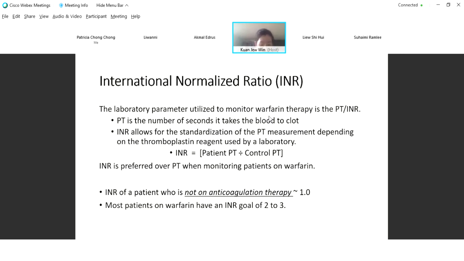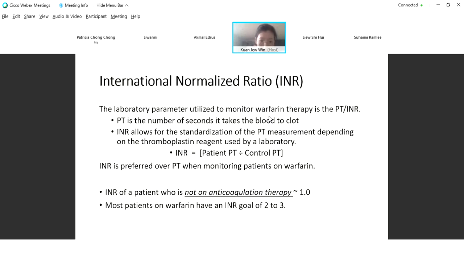But outside the bracket, there is another ratio, a fraction there. So you might want to redo this slide. It's not just patient's PT divided by the control PT. There is a bracket, and outside there is a power, a fraction.